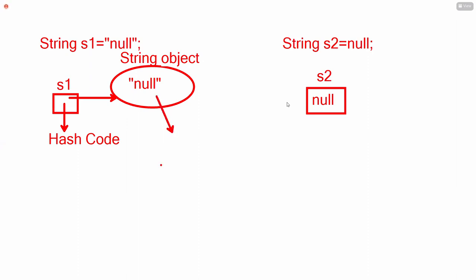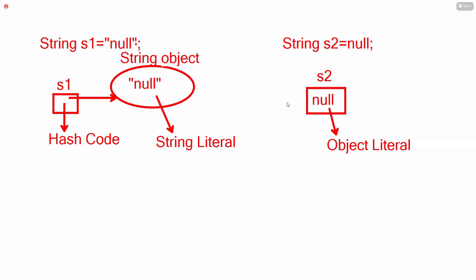Here it is a string literal. How many categories of literals? 6 categories of literals. What are those? Integer literals, floating point literals, character literals, string literal, Boolean literal, object literal. It is an object literal. Okay. This null is different. String S1 equal to null, if you write, on the right side one object is created.